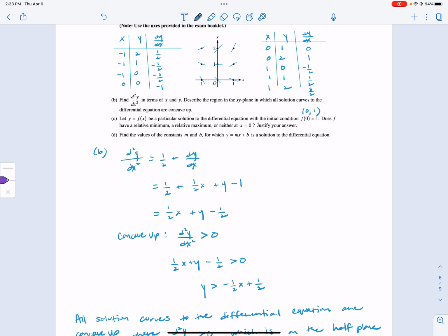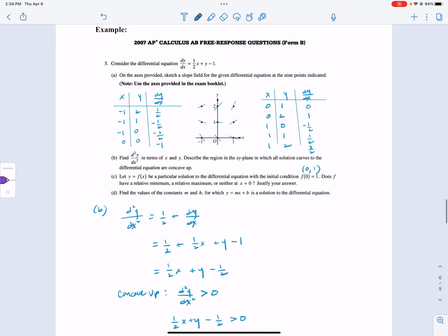Well, at x equals 0, let's think about what we know. We do know what dy over dx is. The thing is, dy over dx is in terms of x and y, so doing an analysis line would be tricky. We do, in part B, have the second derivative, though, so we could always use the second derivative test.